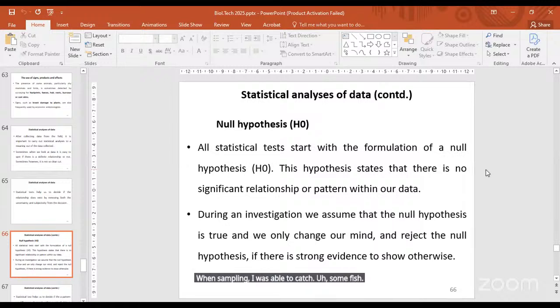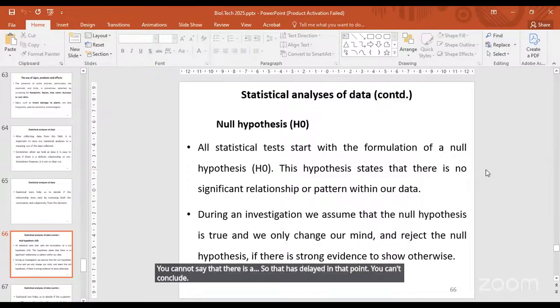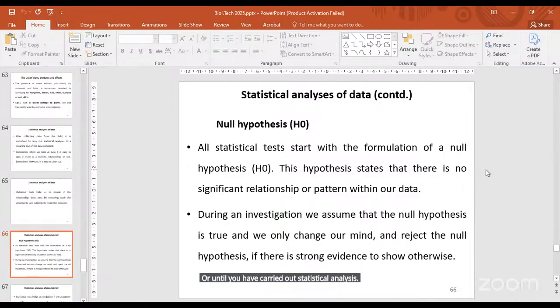I was able to capture tilapia zilli. Even at that, you cannot reject your null hypothesis. That is to say, you cannot say that there is tilapia zilli in that pond. You can't conclude until you have carried out statistical analysis. Although you caught tilapia, you want to ensure that the tilapia you caught in that pond is not by mistake.